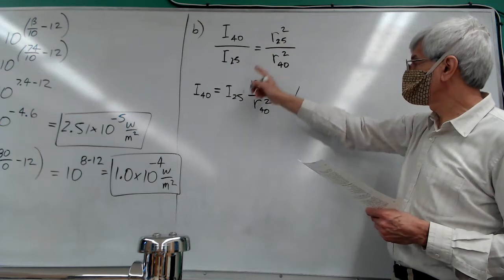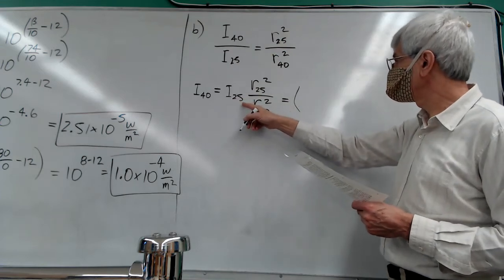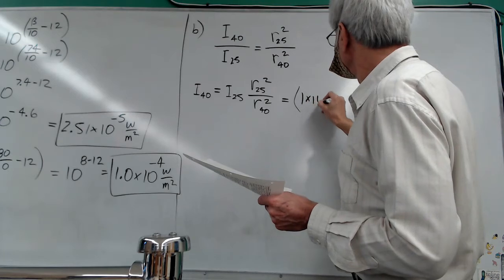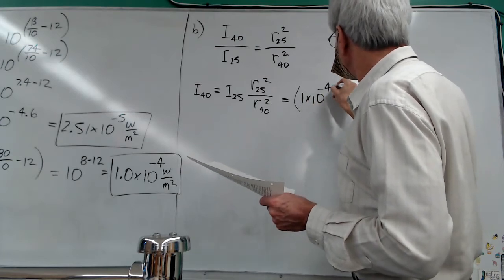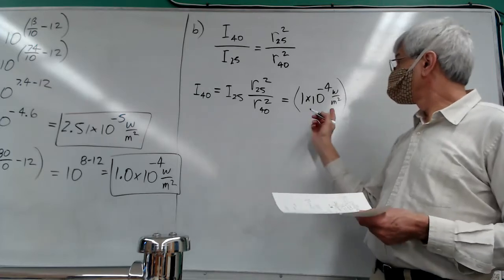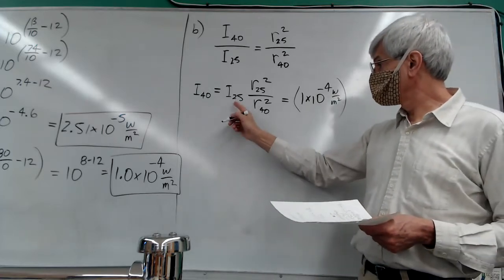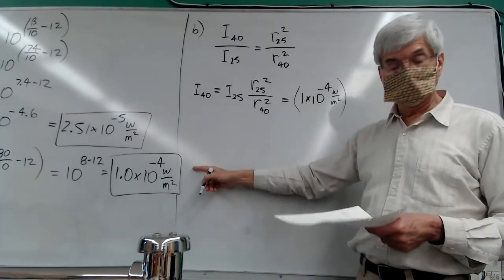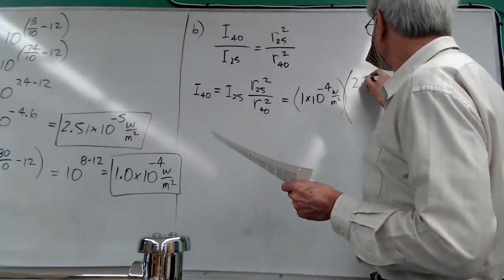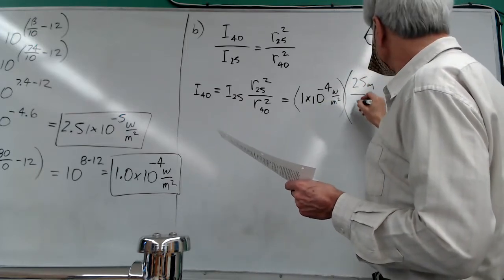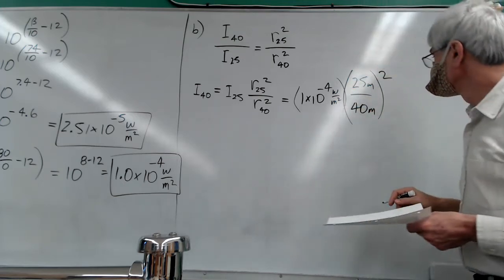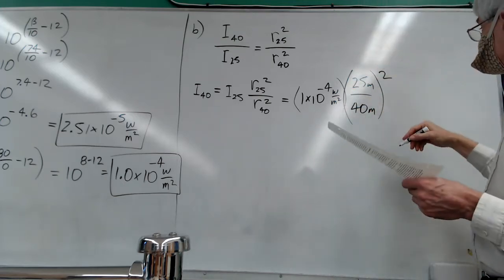So multiply both sides by the intensity at 25, and drop in the numbers. We know the intensity to put here, it's the answer to part A. Don't forget to square.